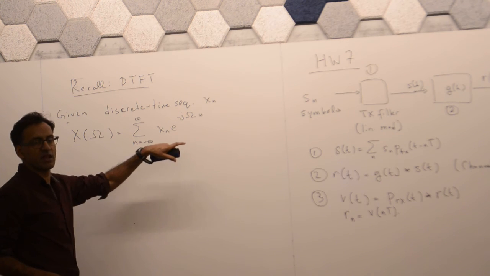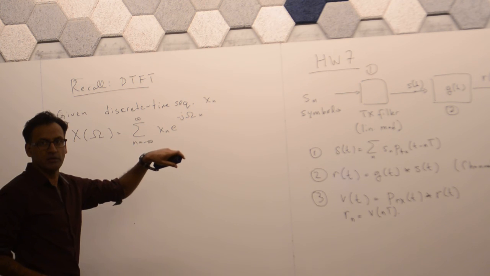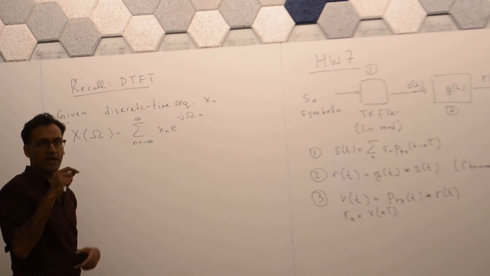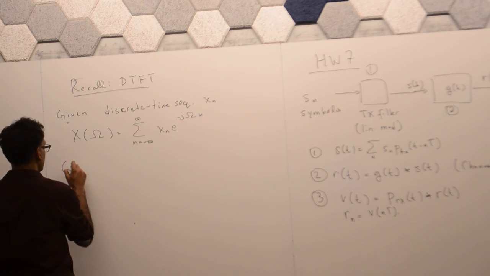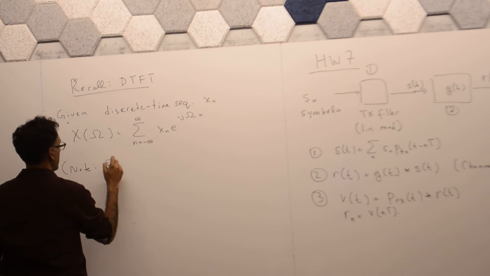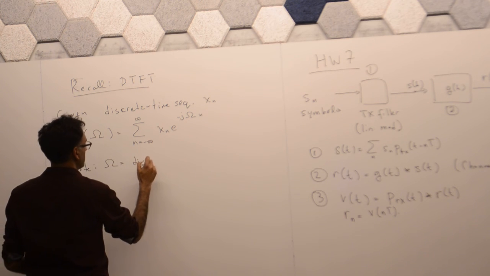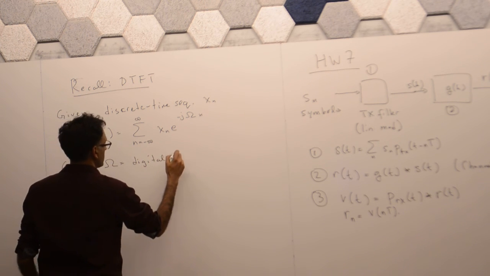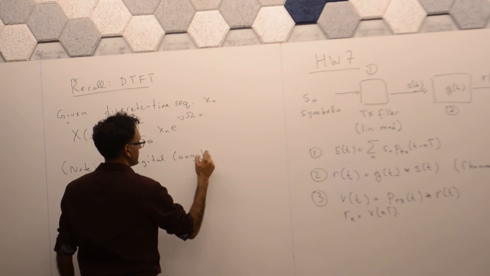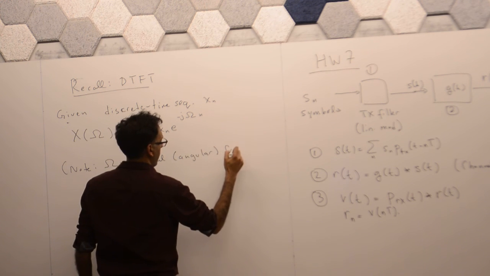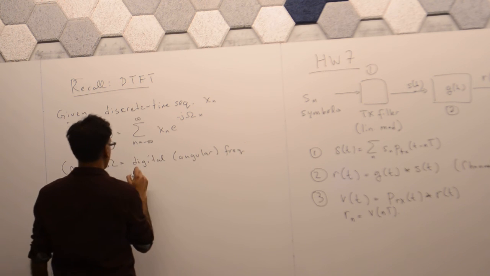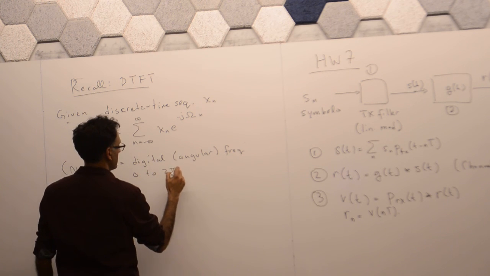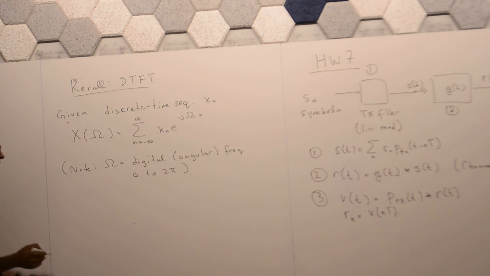So this is slightly different from the Fourier transform, because with the Fourier transform we use a different omega. Little omega is the digital angular frequency, and it goes from 0 to 2 pi, or minus pi to pi.